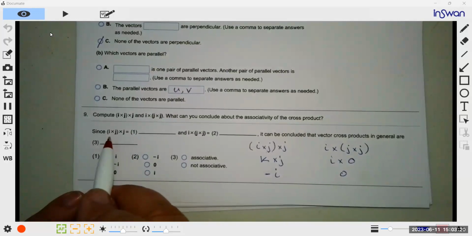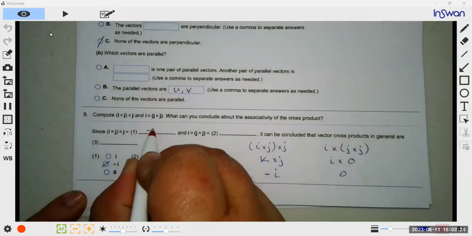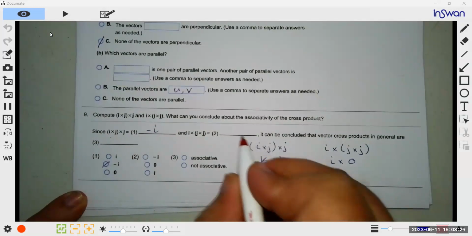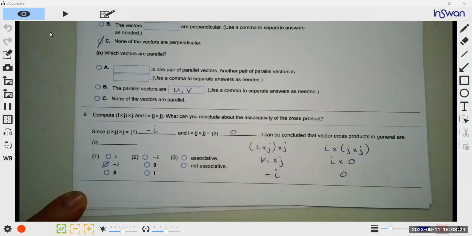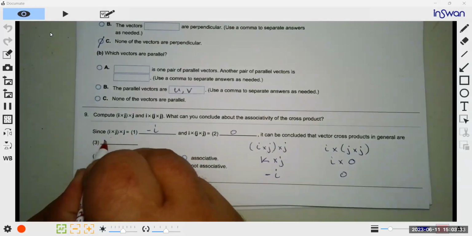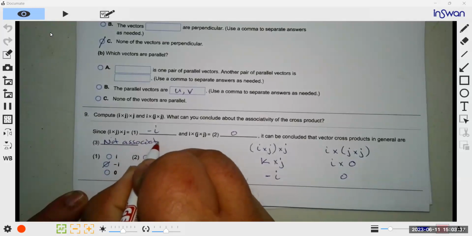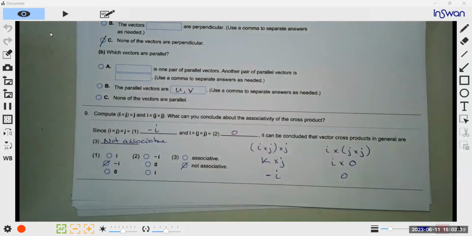So in the first one, it's negative i. And the second one is 0. So they are not associative, because of the way the matrix is structured.